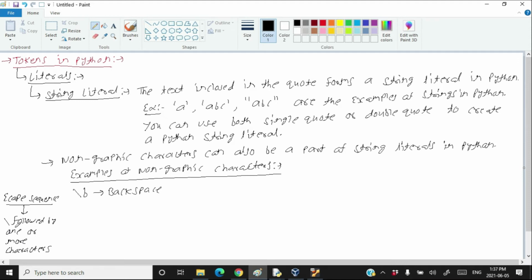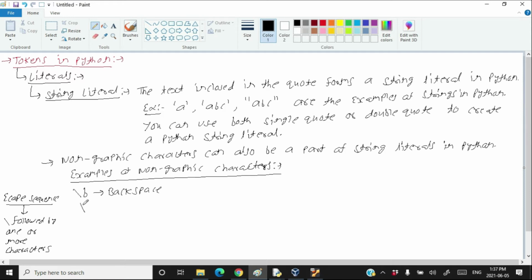So backslash followed by one or more characters is called an escape sequence, and escape sequences are used to represent non-graphic characters in Python or any other programming language. This is valid for all the programming languages, C, C++, Java, all of them.